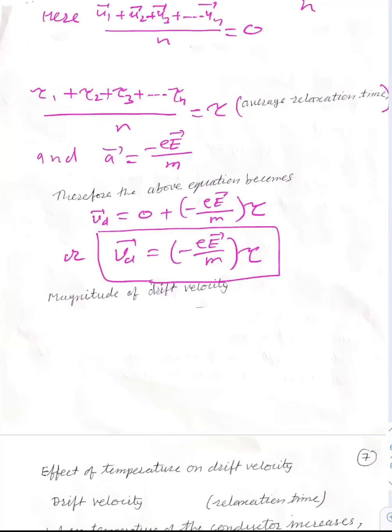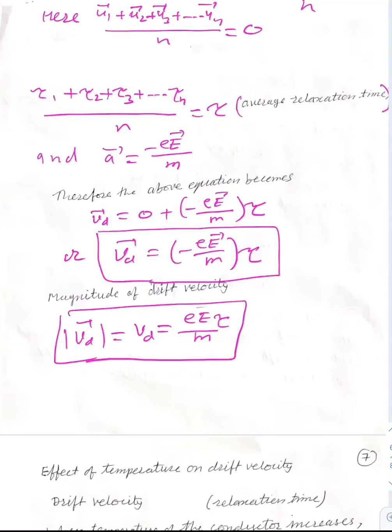It is the expression for drift velocity. Magnitude of drift velocity: |Vd| = eE tau/m.